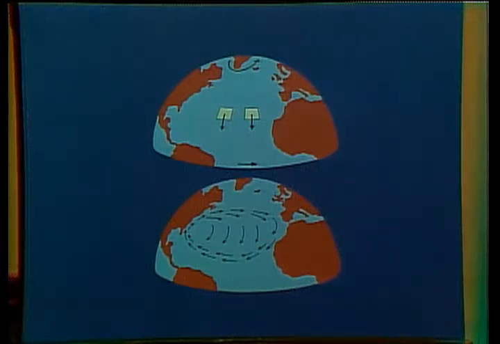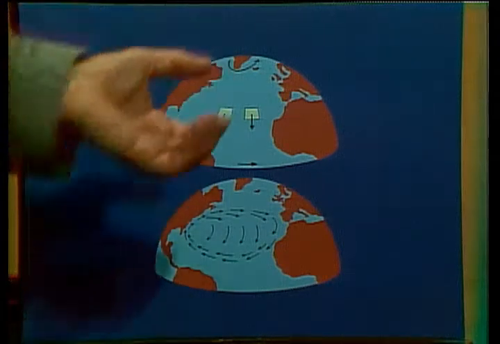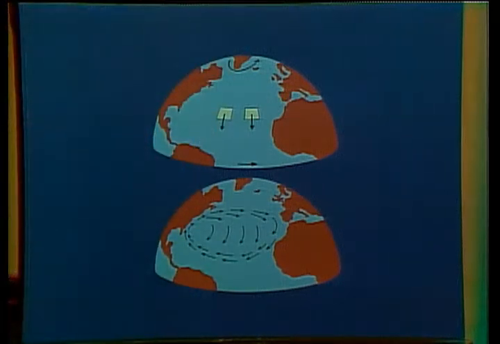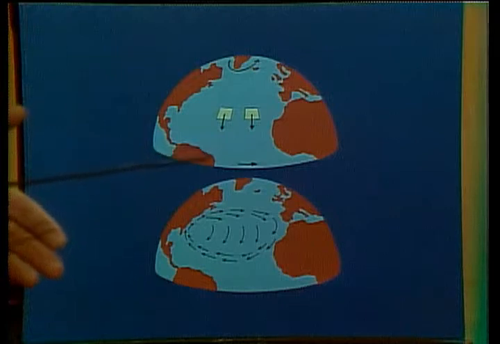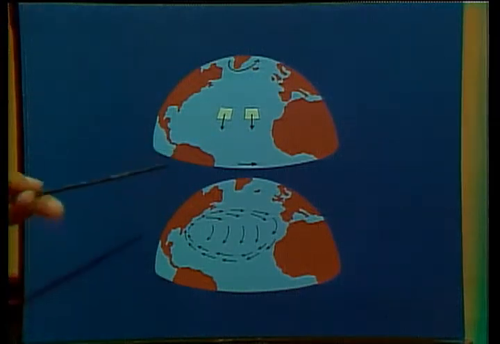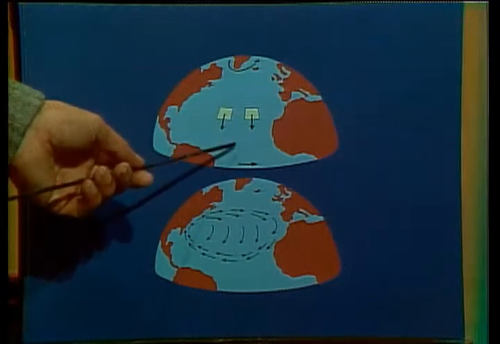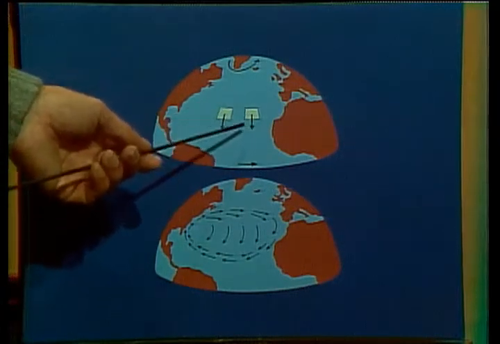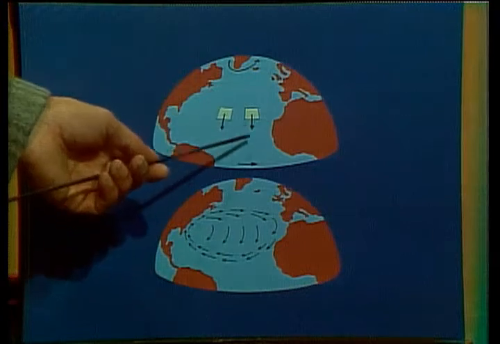It turns out that if we have a column of water here, it has a certain amount of rotation. If it moves, it has to move to a place on the Earth where the rotation is similar to its rotation. So if it's squashed down, it loses rotation. It must move towards the equator where the Coriolis effect is smaller. So the net of this is we have a movement of the deeper waters, below 100 meters, towards the equator.